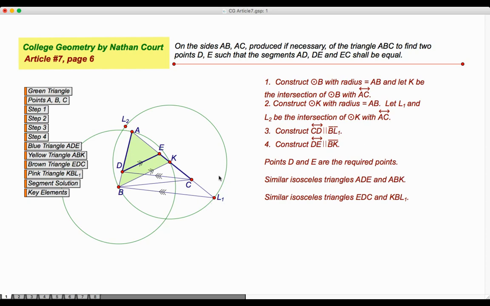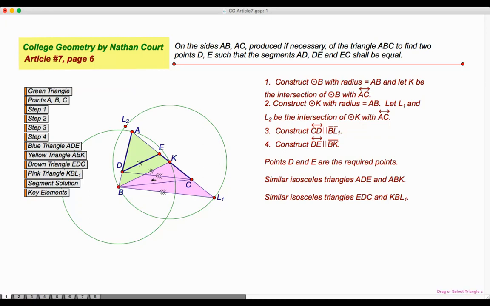So you notice, people, that this pink triangle here, BKL1, is another isosceles triangle because I constructed the circle K. But the yellow triangle is also isosceles with B as the vertex angle.